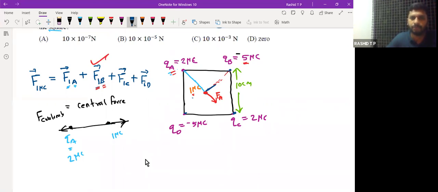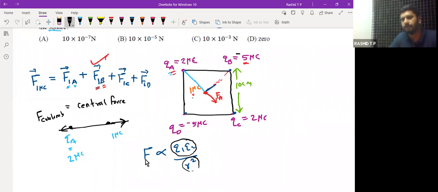But be careful about the length of the vector that you draw. The force that we are writing here is proportional to Q1 Q2 divided by R square. The length of the force depends upon the product of the magnitudes of the charges and is inversely proportional to the distance between the charges. Accordingly, you have to draw the length of your vector. Here Q1 maybe you can take as 5, Q2 as 1, so 5 into 1, that is 5.